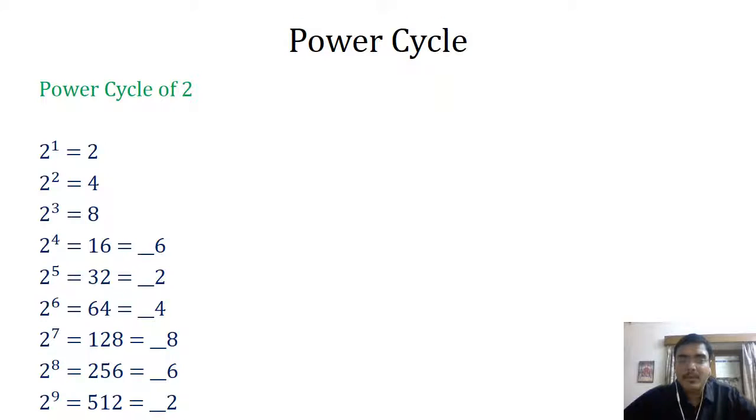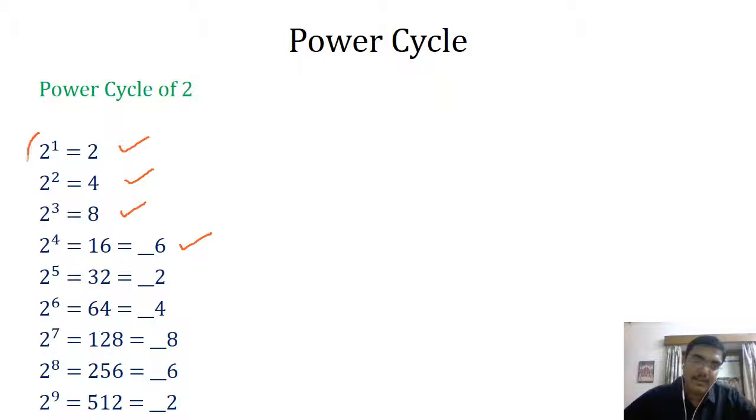Let us move to our main topic now, that is power cycle. Let us first see the power cycle of 2 to understand what exactly power cycle means. If we look at the powers of 2, we have 2 to power 1 as 2, 2 square as 4, 2 cube as 8 and 2 to power 4 as 16.